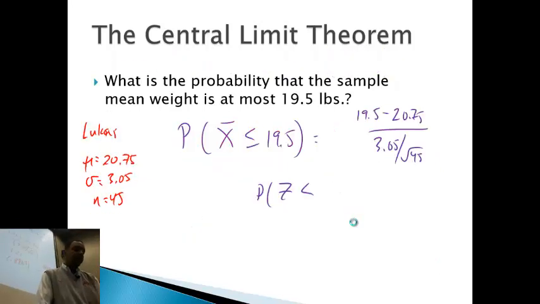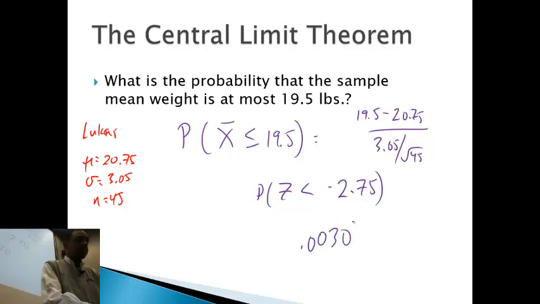Negative what? 2.75? Okay, and then Lucas, what's that? 0.00? Yeah. And then, of course, on the calculator, it would be normal CDF.